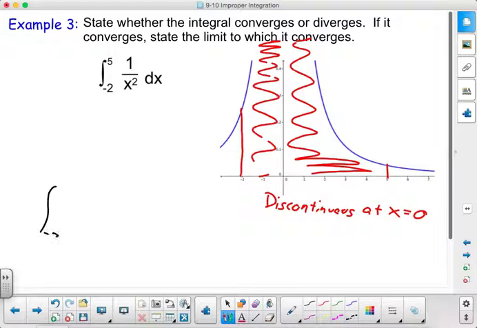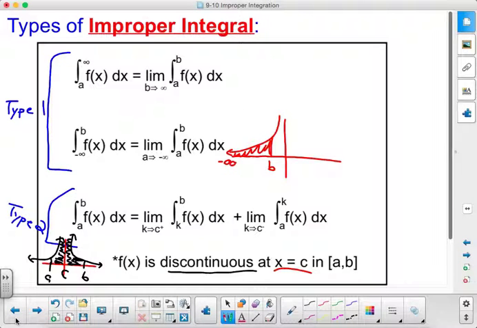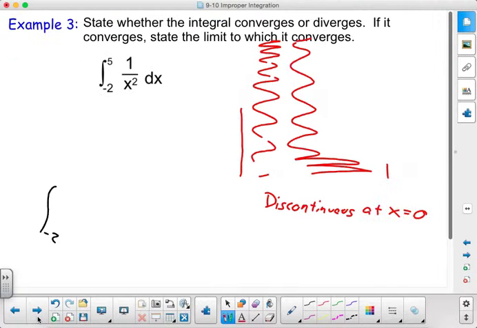So -2 to some value. I'm going to call it k, to keep it consistent with what I called it back there, but you can call it whatever you want. Now this is my limit as k approaches what?